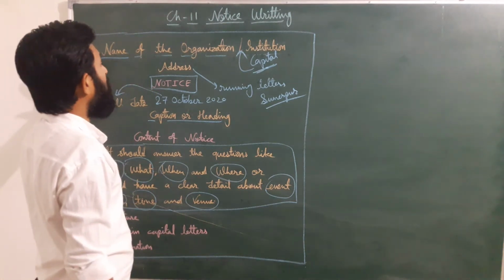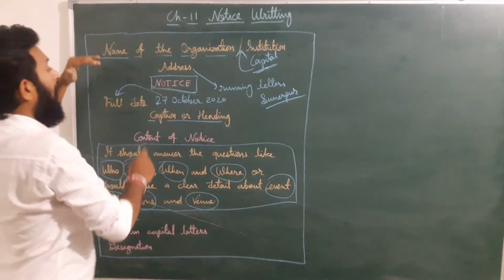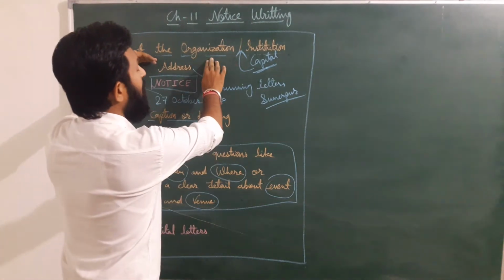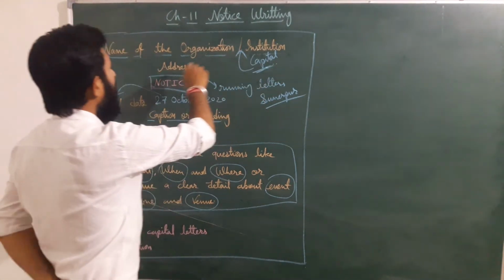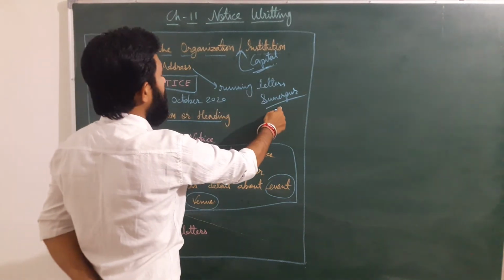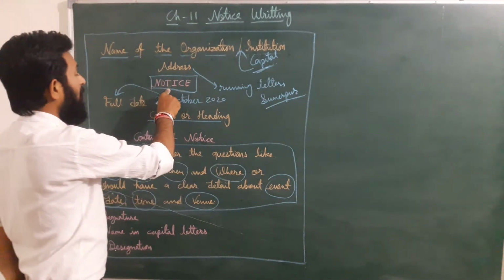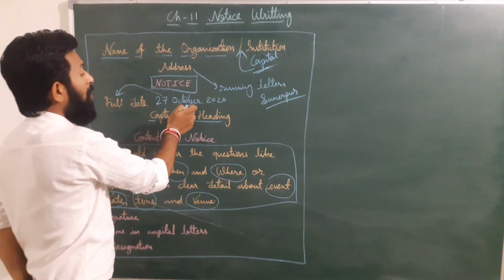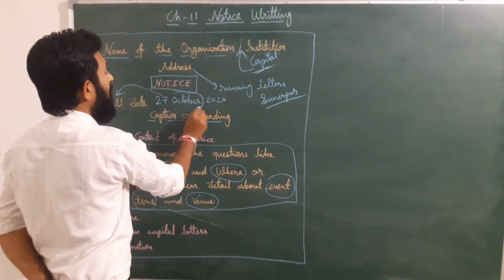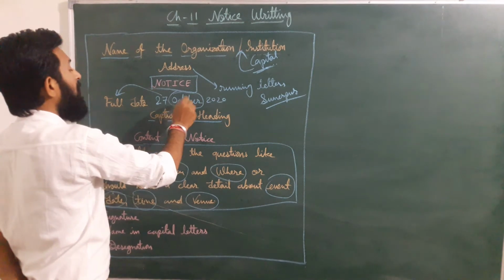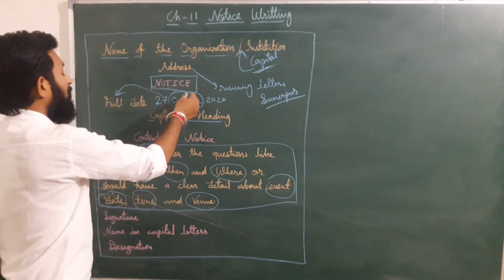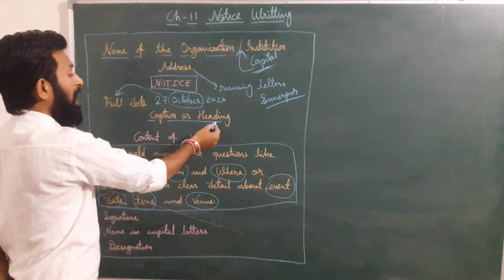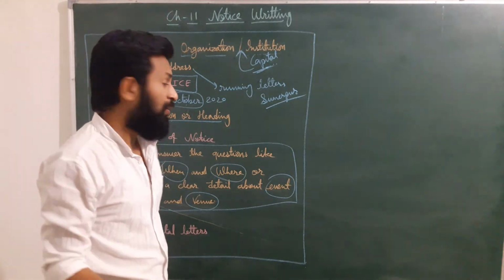Dear students, that's about the notice. Once again, I am going to revise. At first, you have to write the name of the organization in capital letters only, the address in running letters like this. After that, NOTICE in capitals, and the full date like 27 October. Dear students, one thing to remember: October you have to write in English only. Below the date, you write the caption or heading about what you are writing the notice for.